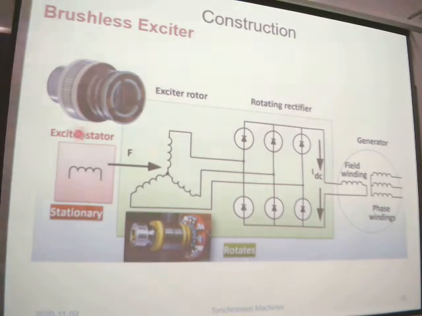So this is the brushless exciter. This is important. It is usually used in high power. We see it here.